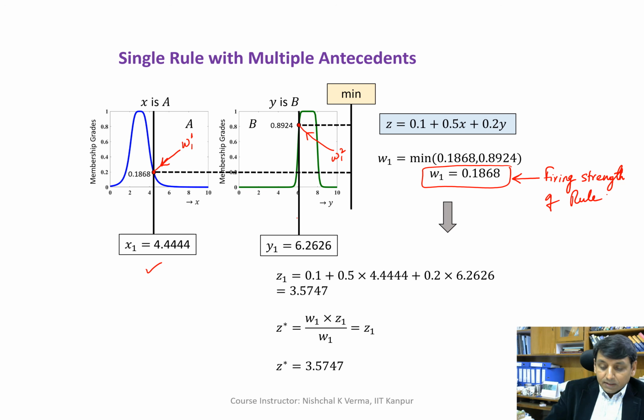So we have the Z1 because we have the first order polynomial equation here, which is the output.